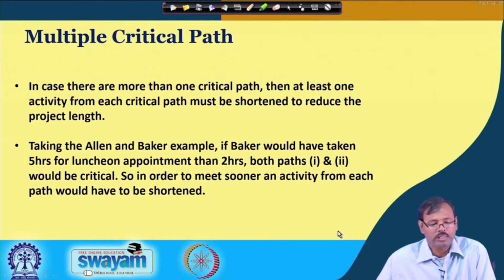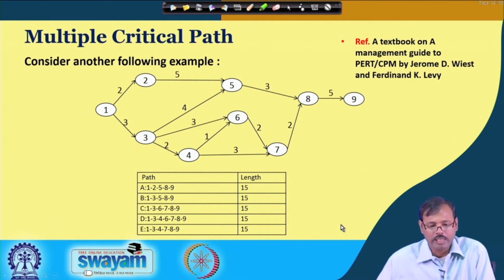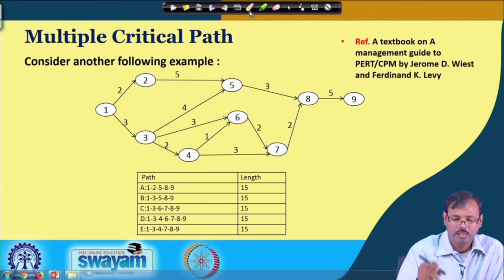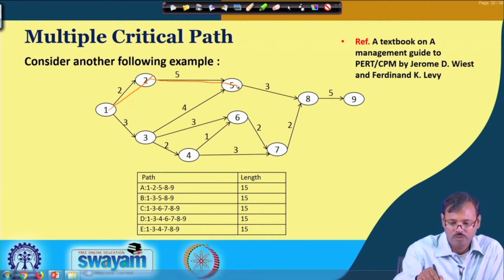So, you can see this way you can calculate, which is already discussed. In any case we can have multiple critical paths also. Say in this case, suppose we rearrange the table a little bit for the previous example which we have discussed, and you can see we have path 1, this is 1, 2, 5, 8, 9 and the total time required is 2 plus 5 plus 3 plus 5.